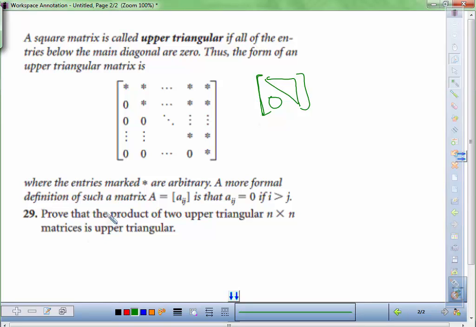And it turns out that the product of two upper triangular matrices is also upper triangular. So we should see if we can prove that. I don't know if we want to prove that. Well, let's see.